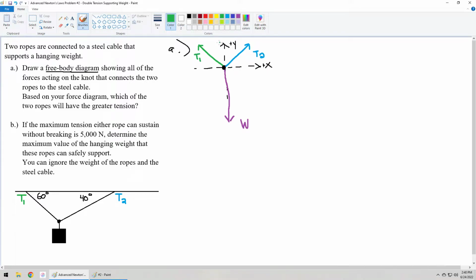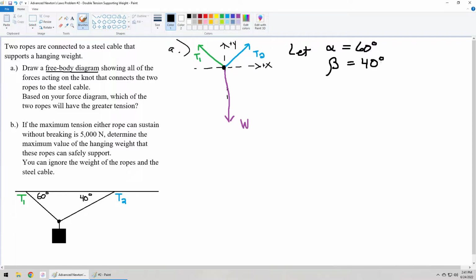I think this is where some people run into some trouble when it comes to labeling the angles. Before we go that far, I'm going to make a quick simplification so I don't have to write 60 degrees and 40 degrees all the time. Let alpha be equal to 60 degrees and beta be equal to 40 degrees.